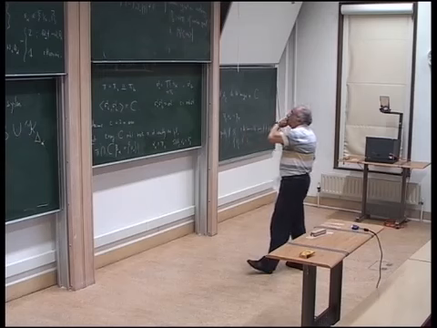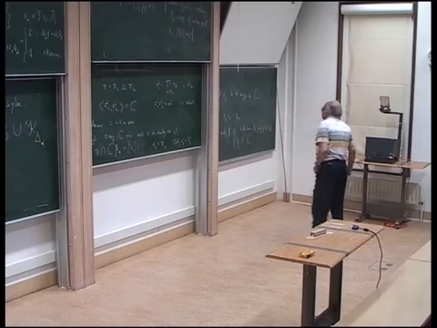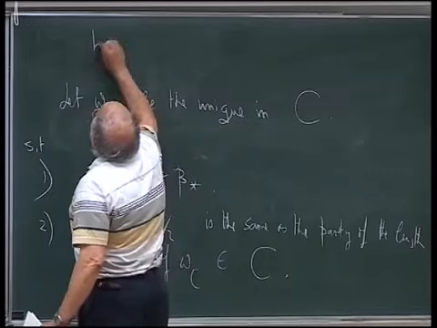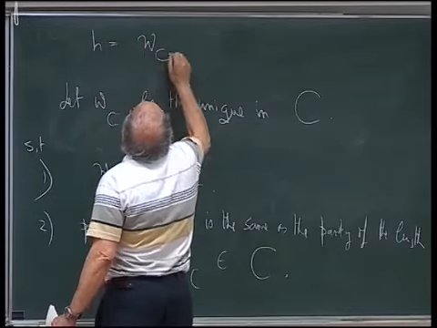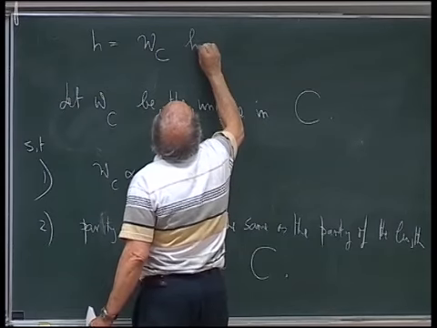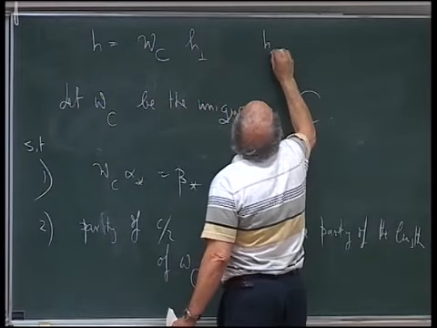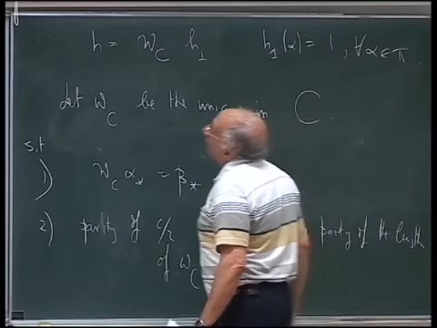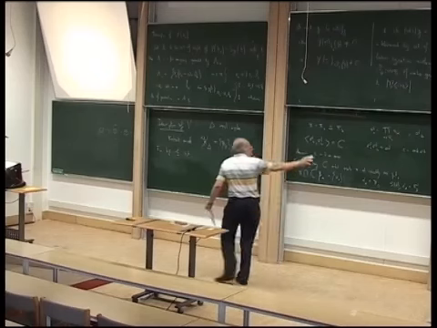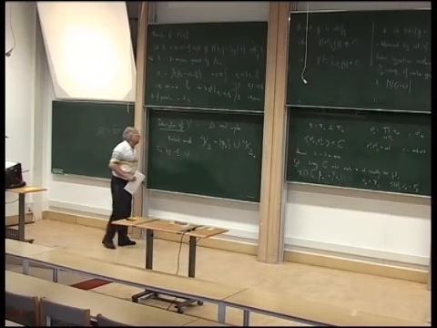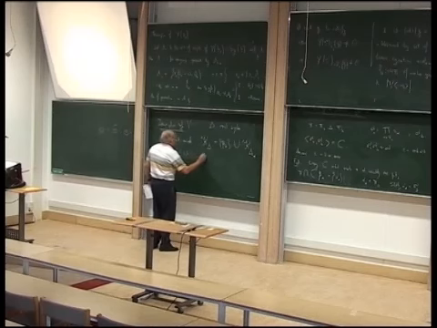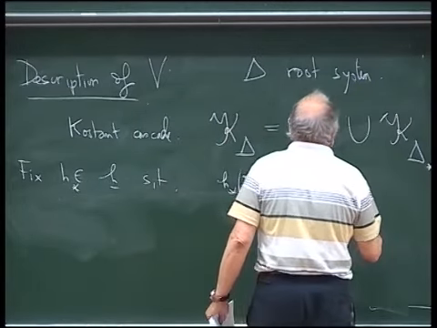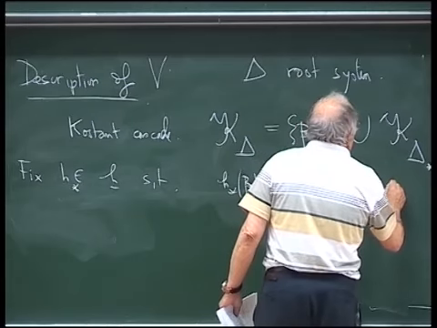I can't really explain why. Let me just say that H over there is WC of the standard H, H1, where H1 on alpha is 1 for all alpha in pi. I forgot to say that before. So this guy is somehow the antithesis of it. That's a regular element. This is a completely irregular one, such that H star of beta is 1 for all beta in the constant cascade.